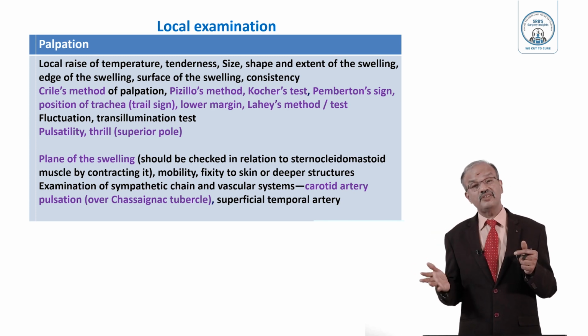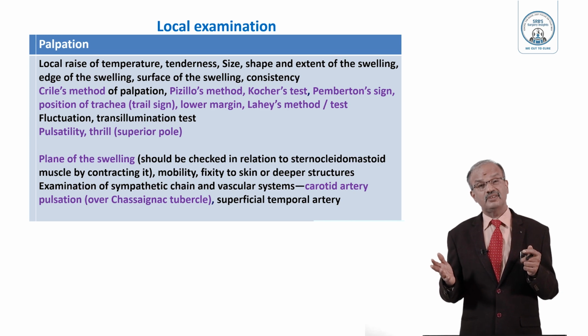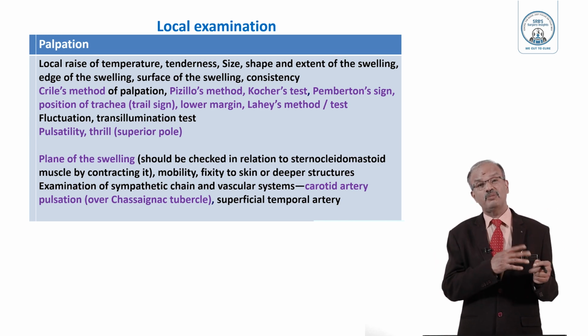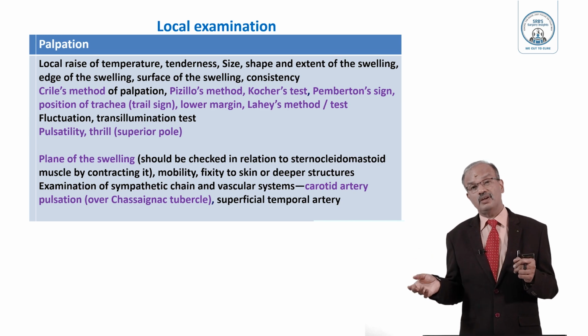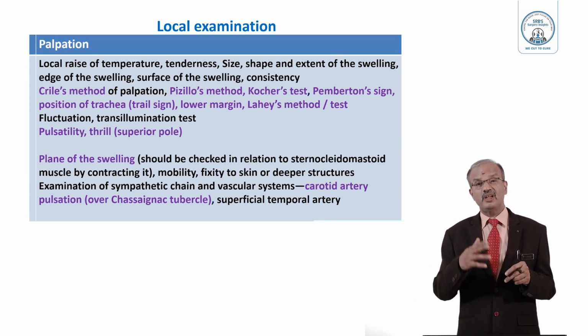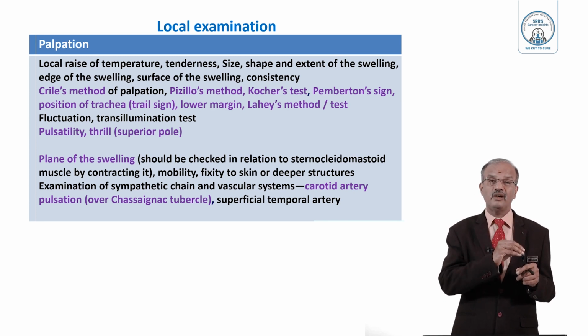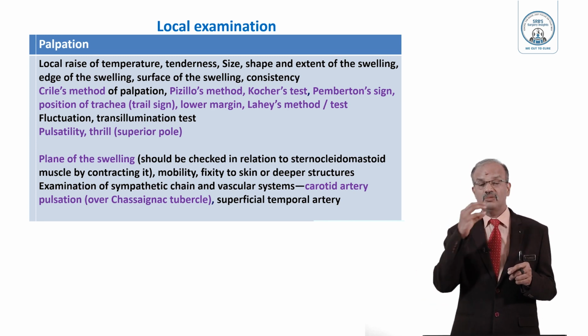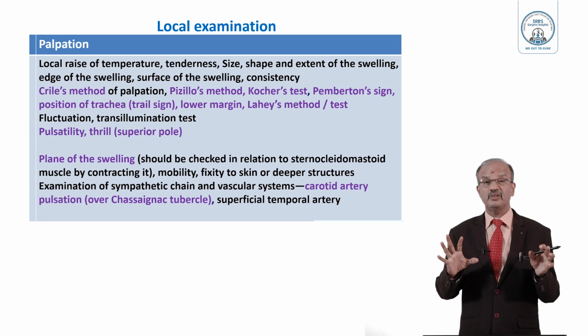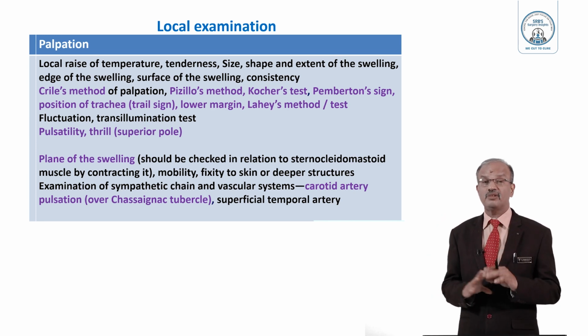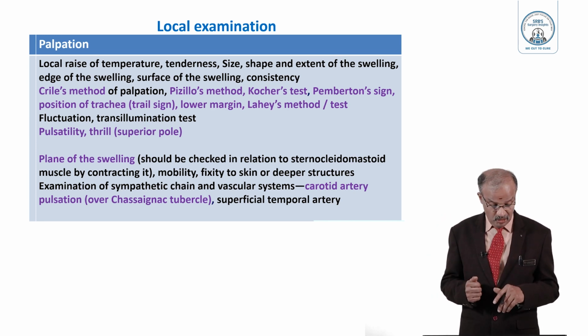After surface, you have to tell consistency, whether it is firm, hard, or variable. Some areas may be firm, some may be hard, some may be soft. Don't say soft to firm to hard. If it is like that, say variable. Right side firm, left side hard, isthmus is soft, like that. Where it is soft, where it is firm, where it is hard, like that you have to tell. So the consistency is important.